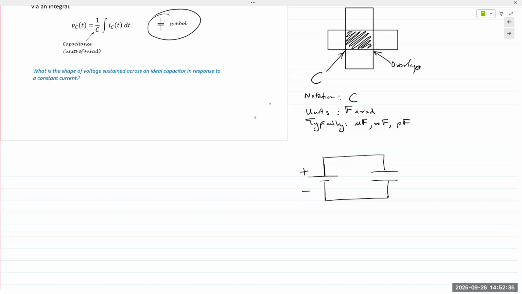These plates are conducting, so more often than not they are made out of some sort of metal, and because of that they have some free electrons. Those electrons get attracted by the positive charge, so electrons move in this direction. When an electron moves out of its atom, it leaves behind its nucleus.